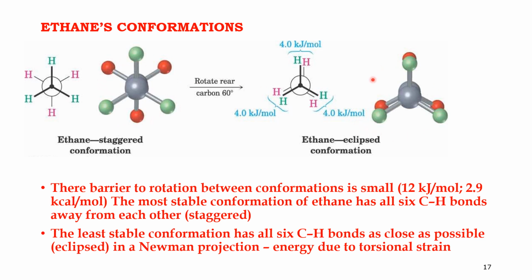While in the eclipsed conformation, the first hydrogen atom and the second hydrogen atom are eclipsed, that means the distance is minimum. Hence, the eclipsed conformation is least stable and has high torsional strain. So, for the ethane molecule, the staggered conformation is highly stable while the eclipsed conformation is least stable.